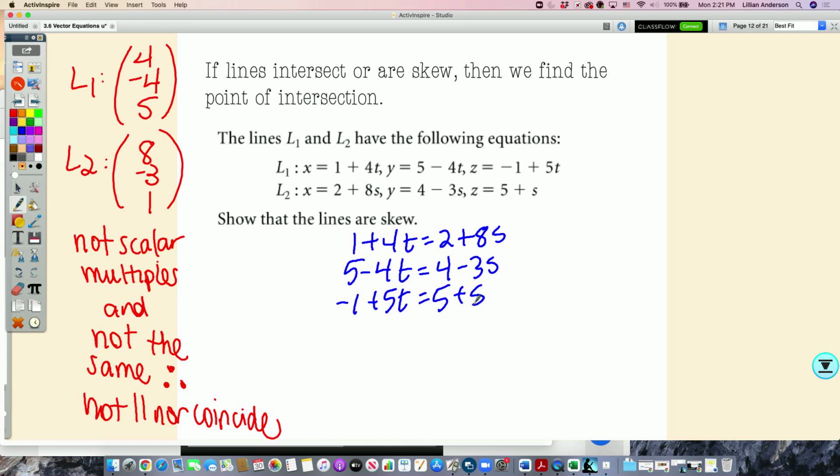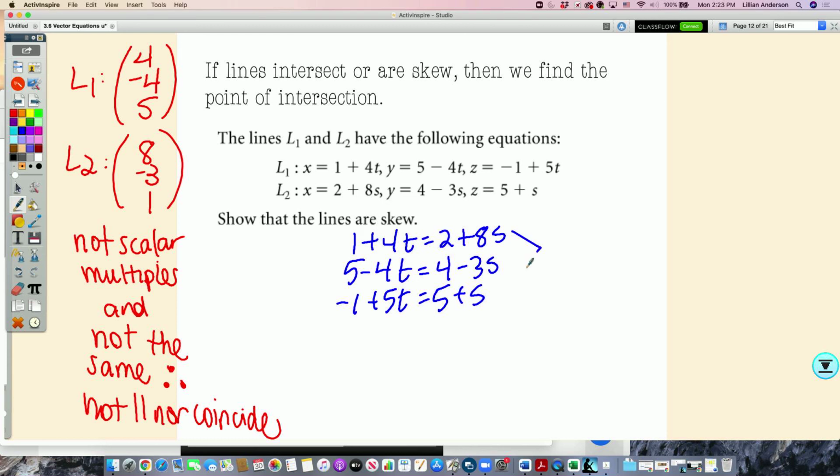And then the equation you don't use is the equation that you use to confirm that they don't intersect, okay? Because if they did intersect, whatever value you get for s and t should make a true statement. The left side should equal the right side. Then we should use the first two. So we're going to use the first 2 to solve for our variables.